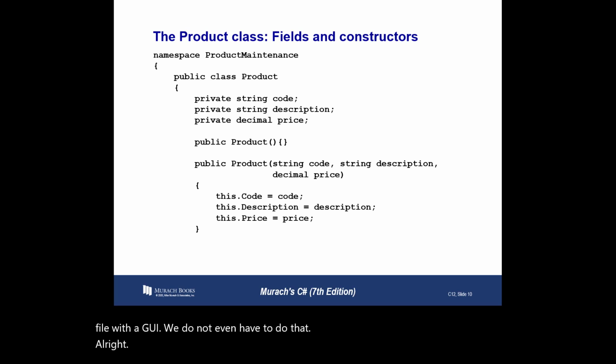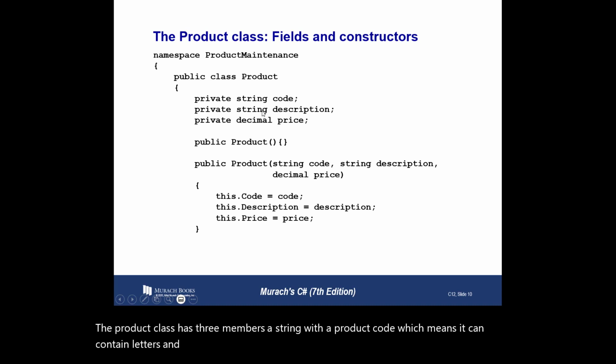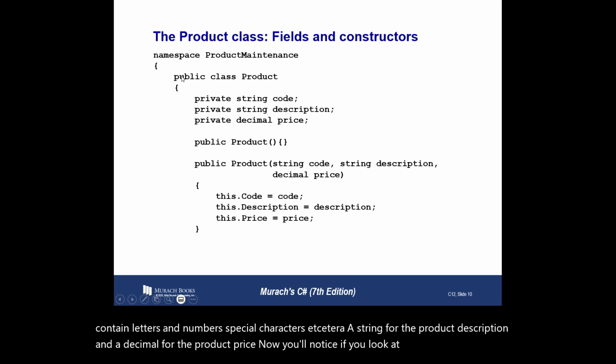So as we saw earlier, the product class has three members: a string with the product code, which means it can contain letters and numbers, special characters, etc., a string for the product description, and a decimal for the product price. Now you'll notice if you look at these, the class is public.